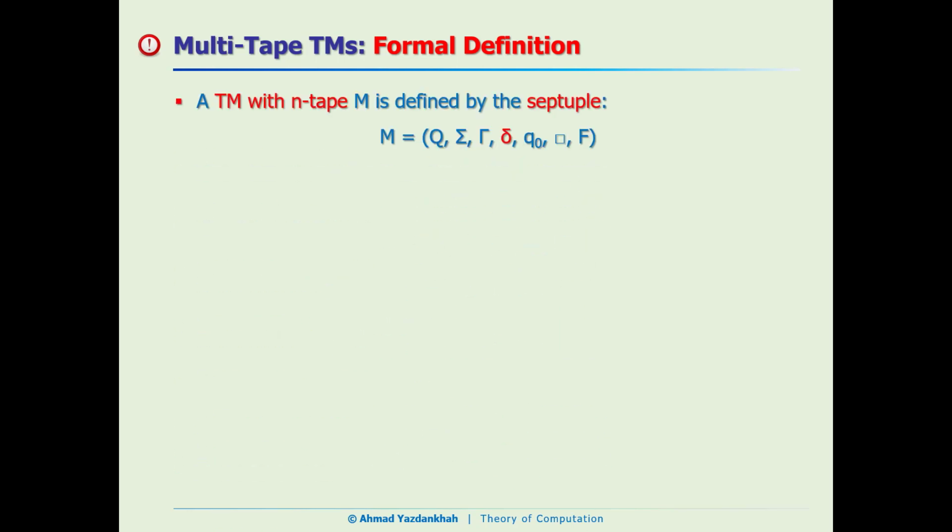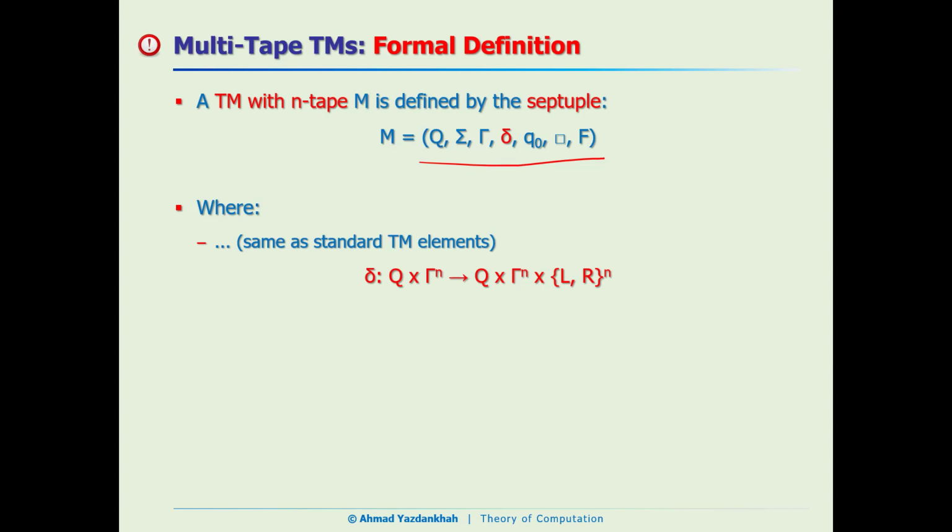How does the formal definition look? Yeah, the same septuple, and most of it is equivalent to the standard Turing machine, except the delta, which is always different. Instead of having one input symbol, we have several input symbols. On the range side, the same thing: we have several symbols, and also several movement sets.